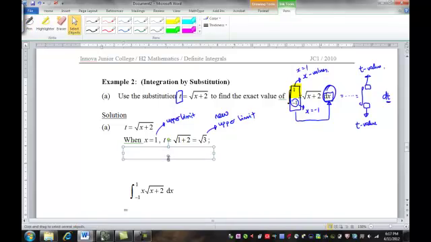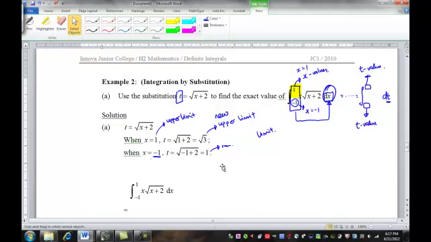Likewise, you will need to find the new lower limit later. How? You know that the lower limit currently is x equals to -1. So when you sub x equals to -1 inside the substitution, you get t equals to 1. So this t equals to 1 is the new lower limit. Okay, now we are ready.